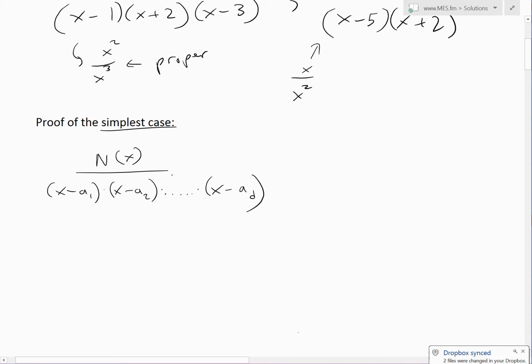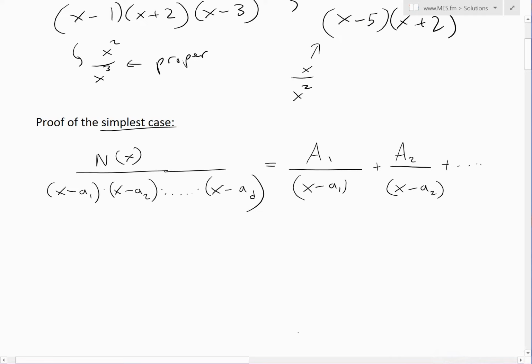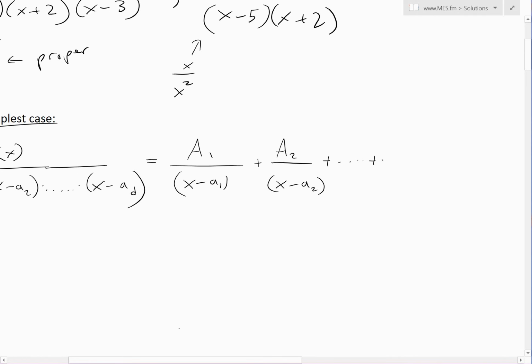So this keeps going on, and now we have to prove that this can be split up into partial fractions: a1 over x minus a1, plus a2 as another coefficient over x minus a2, plus, etc. Keep going on and on until we get a d over x minus a d.